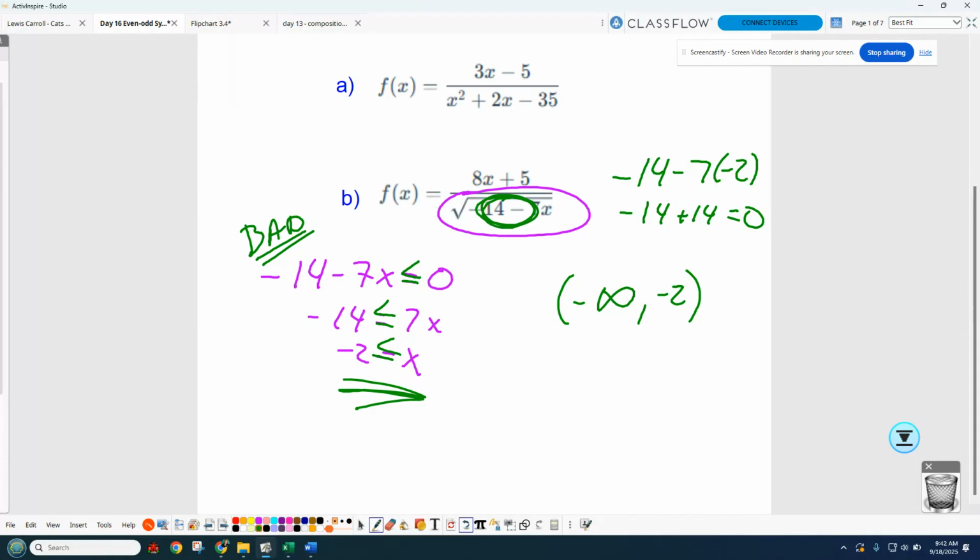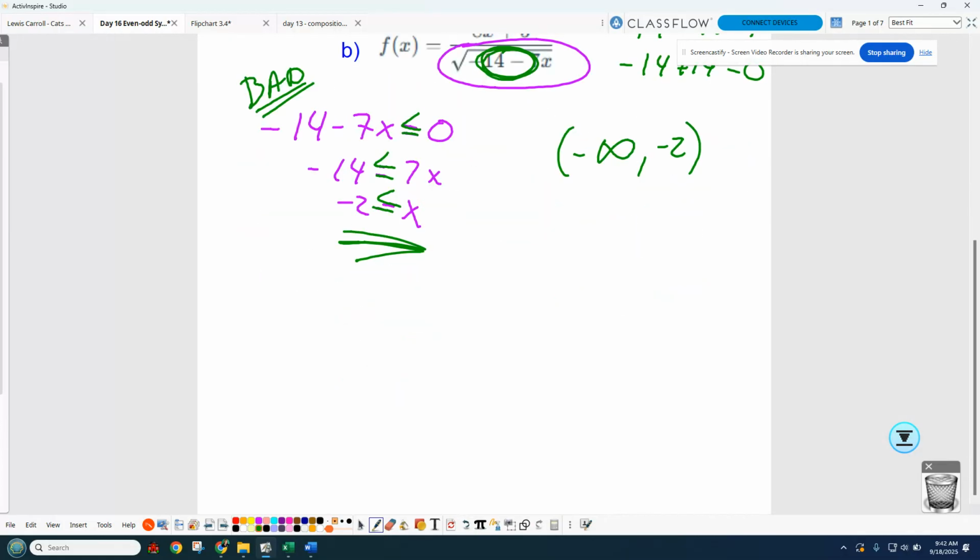So when would you use a hard bracket? Do you have an example? If my question was this, am I allowed to do the square root of the negative? No. So am I allowed to do the square root of 0? Yes.